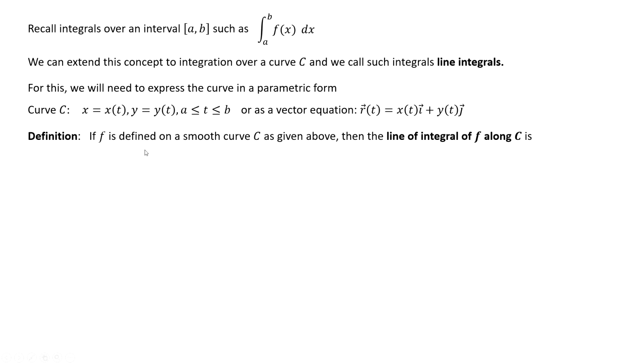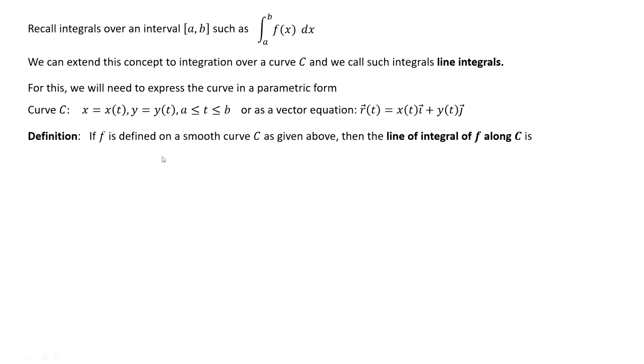So here, as you can see, f is defined on a smooth curve C. Smoothness here is first derivative continuous. Okay, that's what smoothness refers to, meaning if you take the first derivative at a certain point, based on the left-hand side, it must be the same as the first derivative based on the right-hand side points.